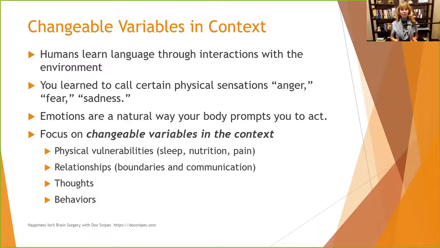And behaviors are changeable variables. Say you're going to a family gathering and you know that there's one person there that rubs you the wrong way and always makes you angry. Well, you can choose to go there and choose a whole host of behaviors, tolerance and boundaries and distress tolerance, all kinds of things to deal with it.